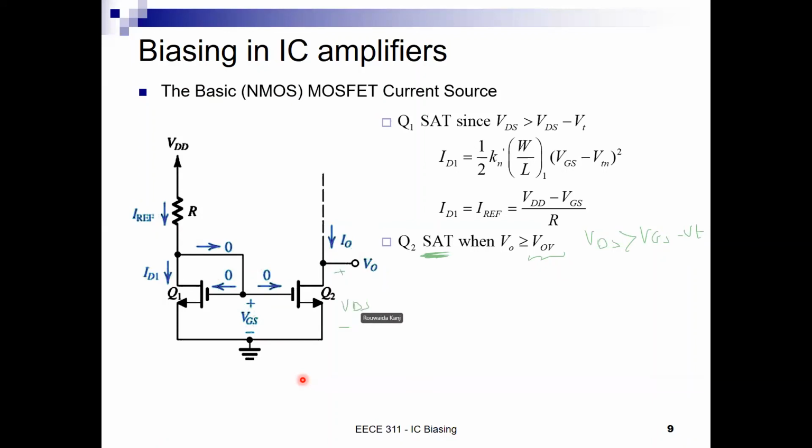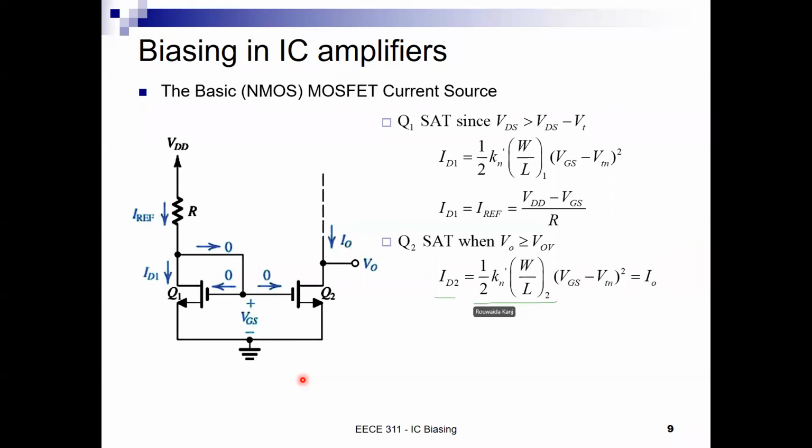So when VO is greater than VOV, then the transistor is in saturation, okay? And if that holds, the current equation of Q2 is again half K prime W by L2 times VGS minus VT squared, okay?